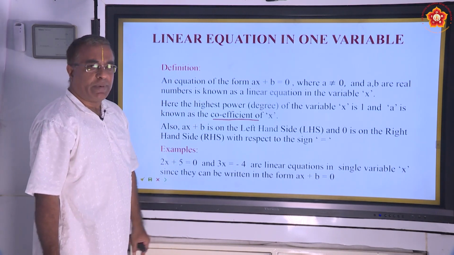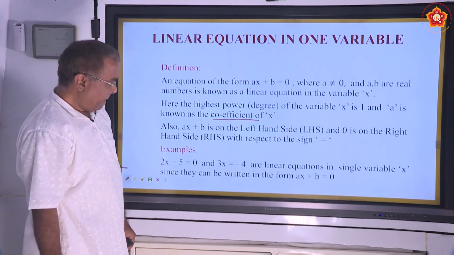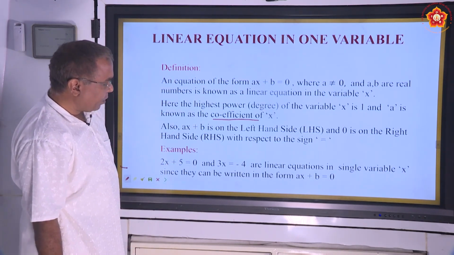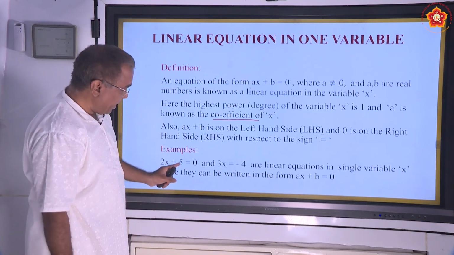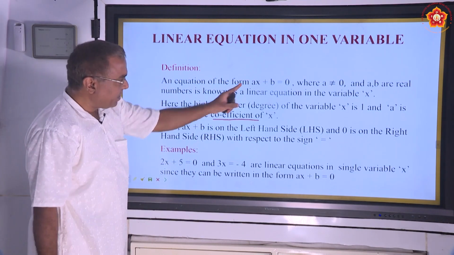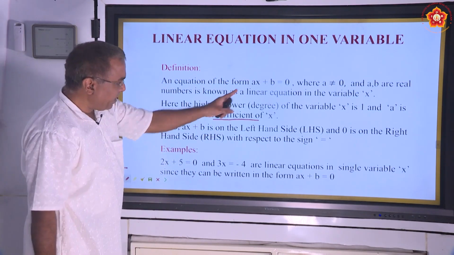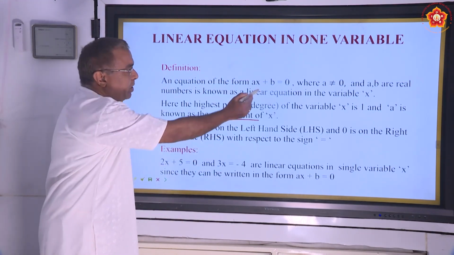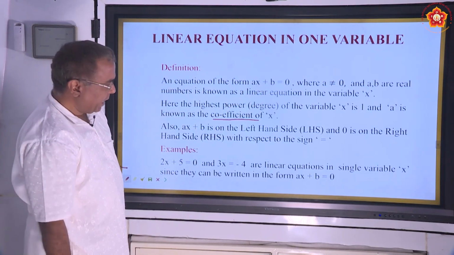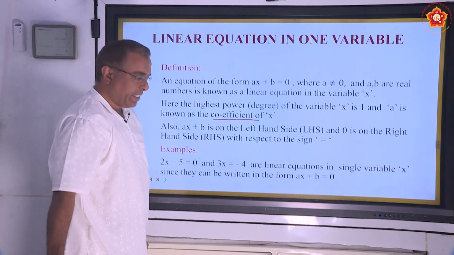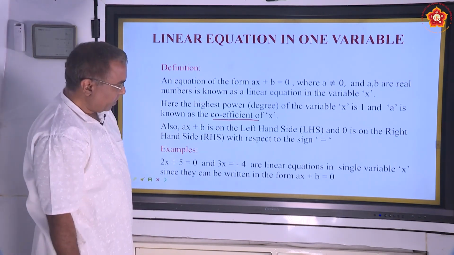Now, we will consider some examples of linear equation. 2x plus 5 equals 0. Obviously, this is of the form ax plus b equals 0. So, on comparison we know that in the place of a we have 2 and in the place of b we have 5. So, this is an example of a linear equation. And one more, 3x equals minus 4.